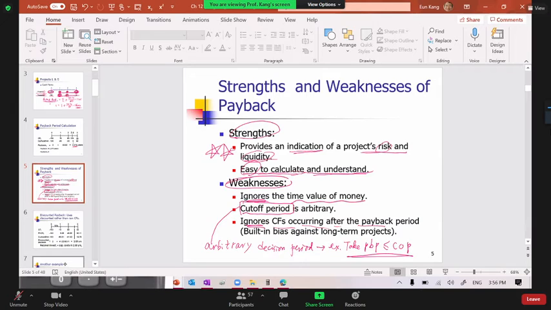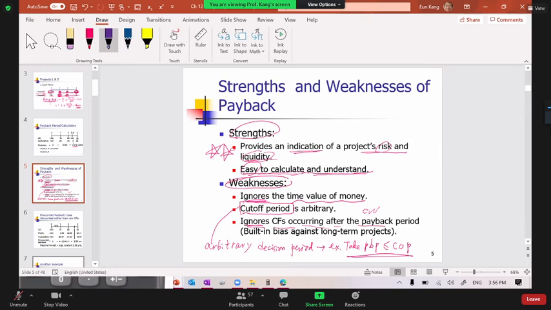Actually, this one is more like payback period or cutoff period, same thing. Let's say you have a 10-year project, and in year 10 you have multi-million dollars. But your cutoff period is 5 years, so you just ignore that, right?